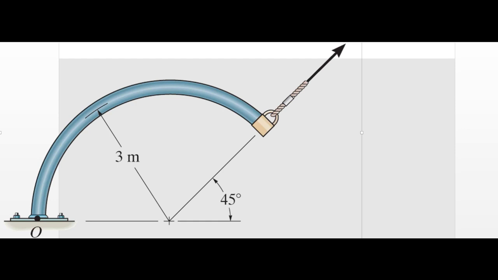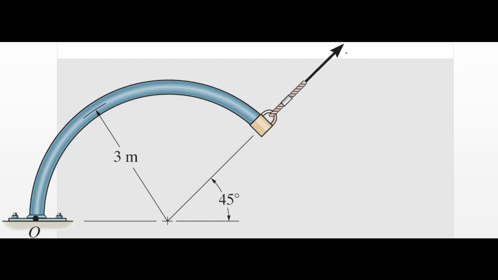So you have a force F here. Now this force F is acting on this point, and we want to know what is the moment due to this force about point O and its orientation.